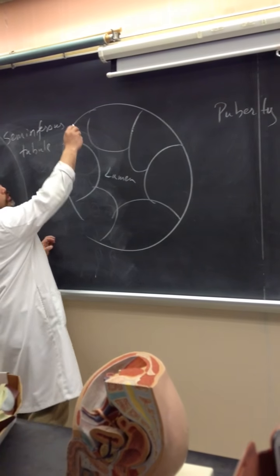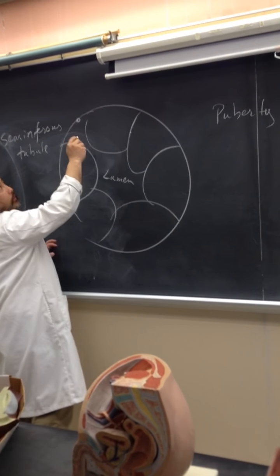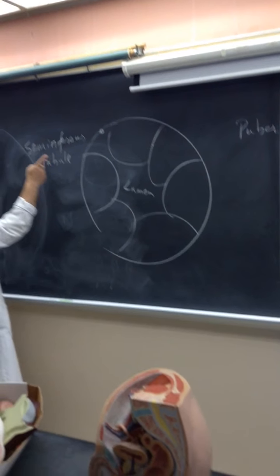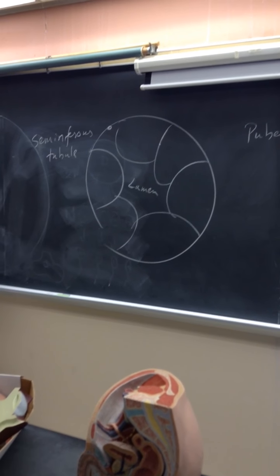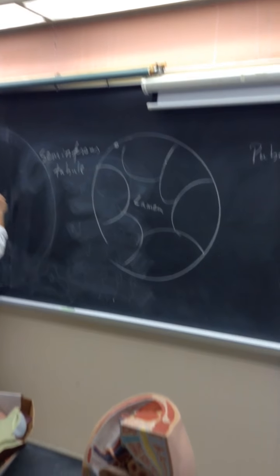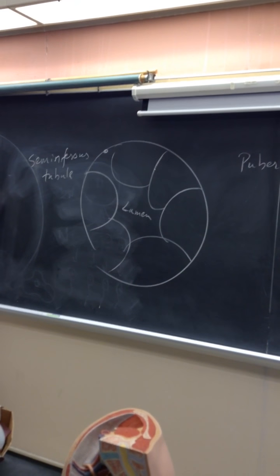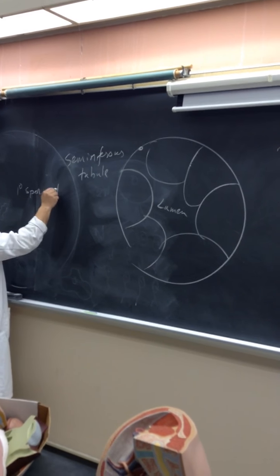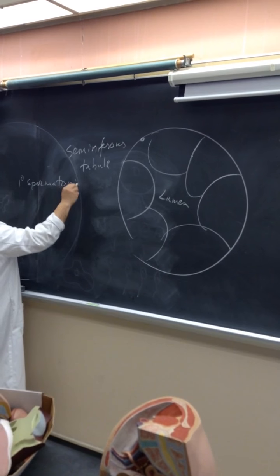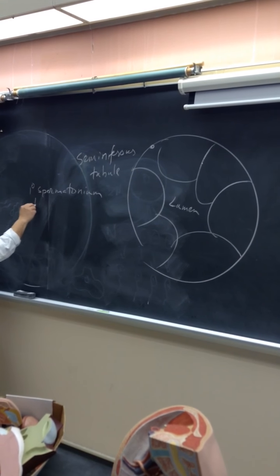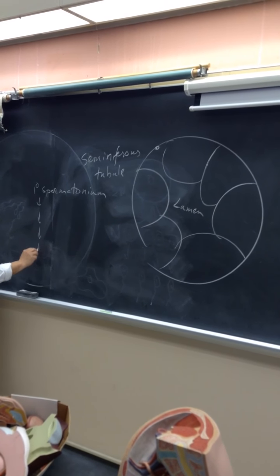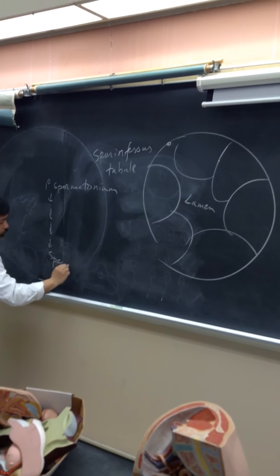So sperm is usually developed from up here, and we're going to see that the primary germ cell is known as the primary spermatogonium. This primary spermatogonium undergoes differentiation, ultimately into the sperm.